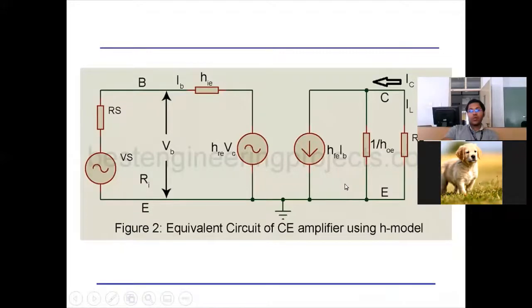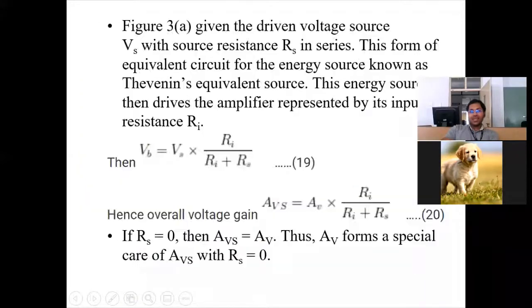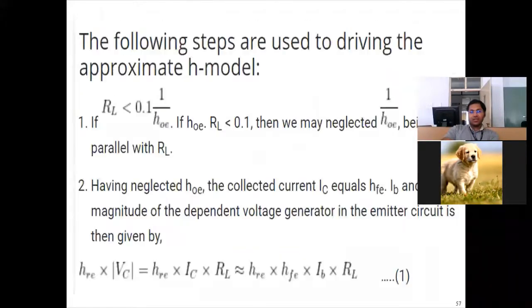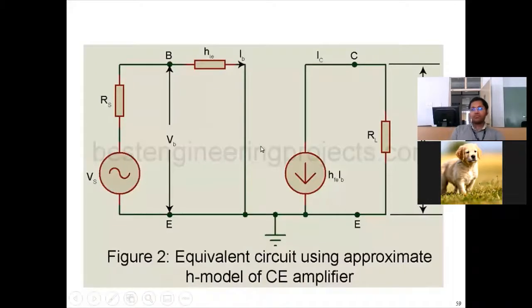The equivalent circuit we get is this one. This is the approximate H parameter model for the CE amplifier.